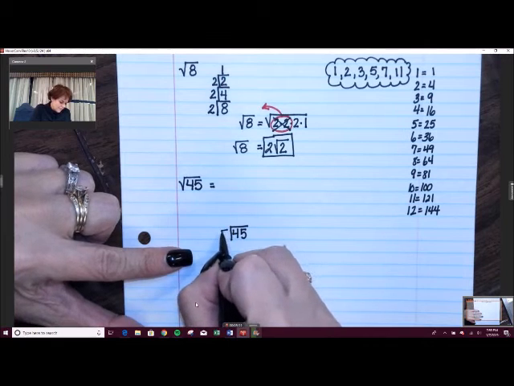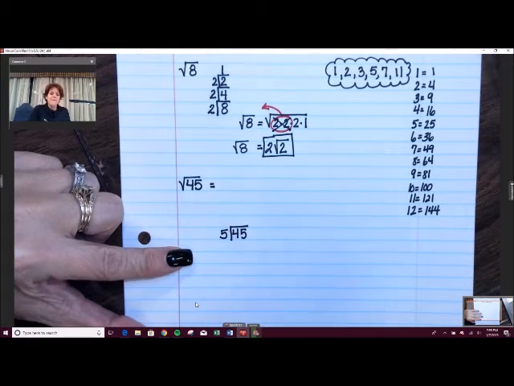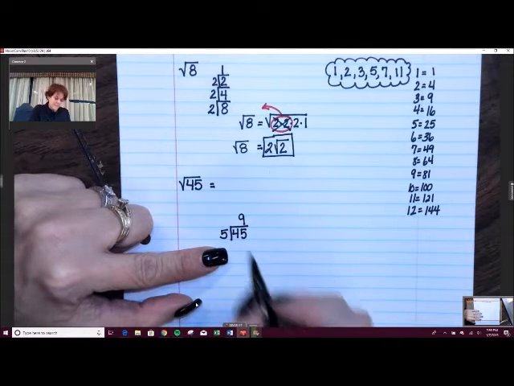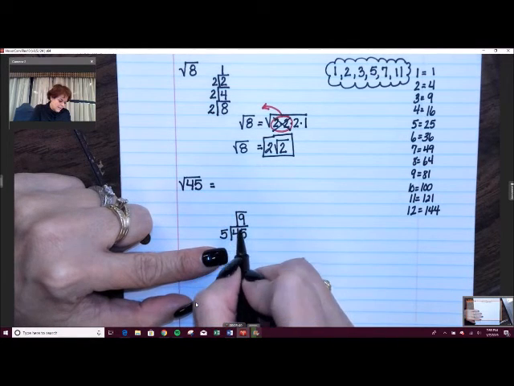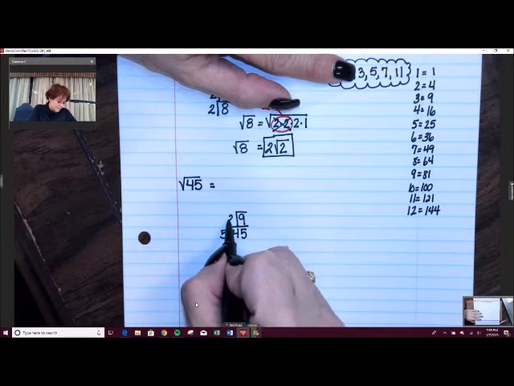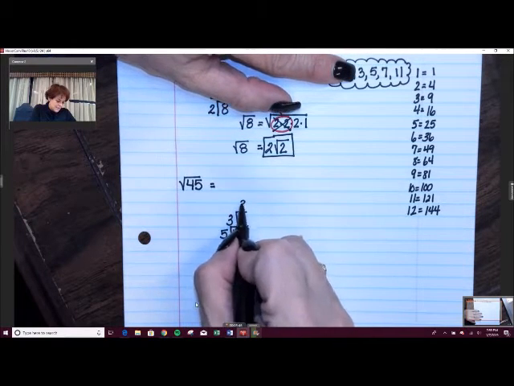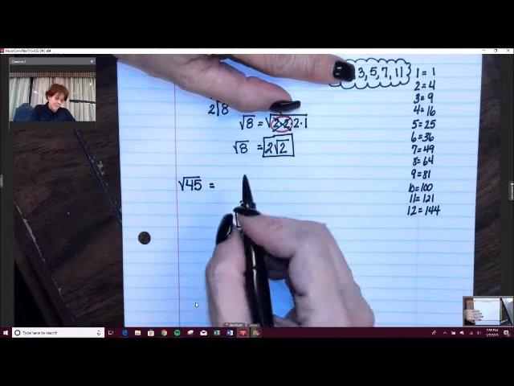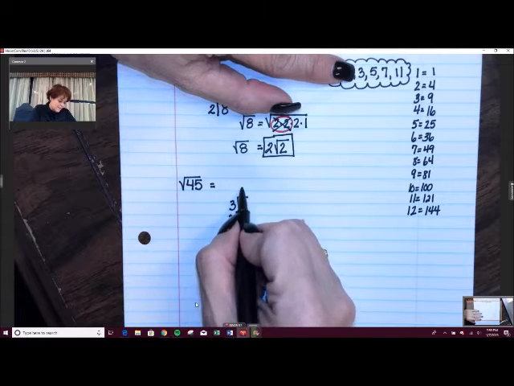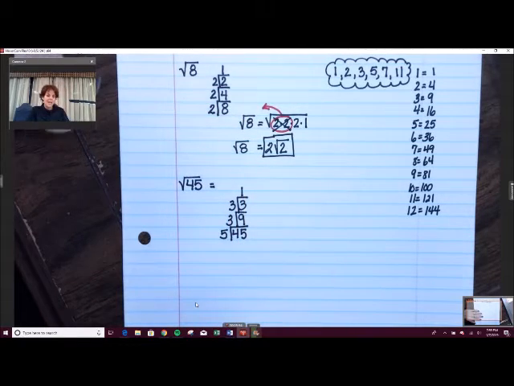Why not? So we're going to divide by 5. 5 goes into 45 9 times. Another layer on the birthday cake. I can't divide by 5 anymore, but I could do 3. 3 goes into 9 3 times. I'm going to put another layer on my birthday cake. I'm going to divide by 3 again. Boom. I've got my candle.